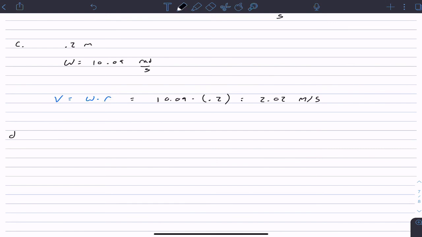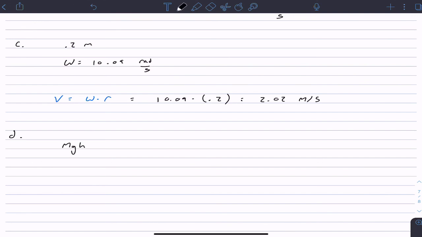Okay, and part D. Consider a ball in free fall, 5 kilograms at 0.2 meters. If we want to find the linear speed for this thing, this is a ball in free fall, right?